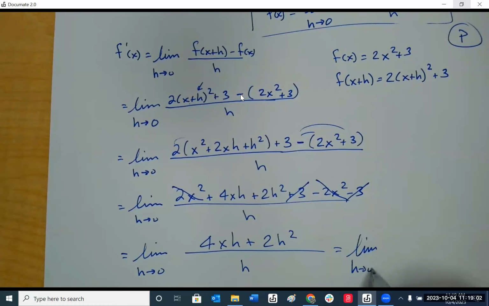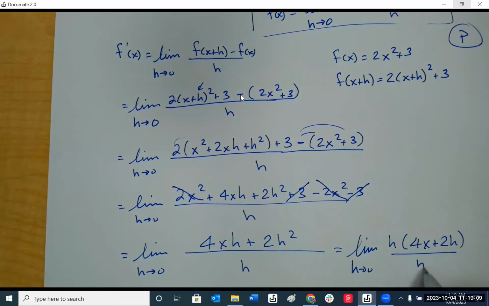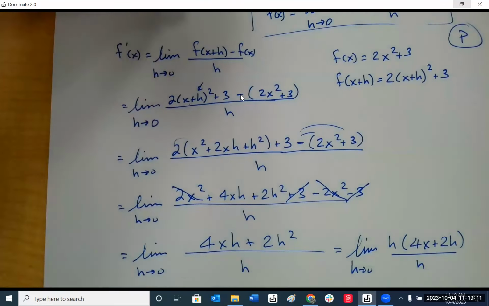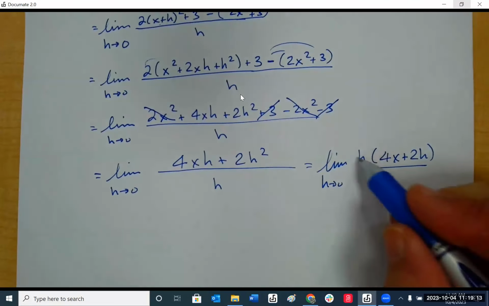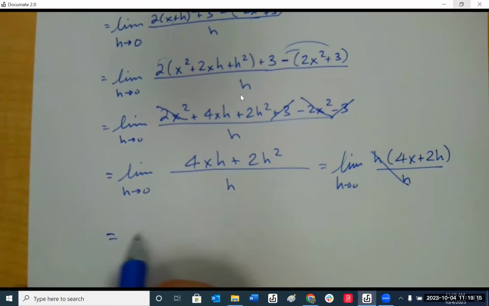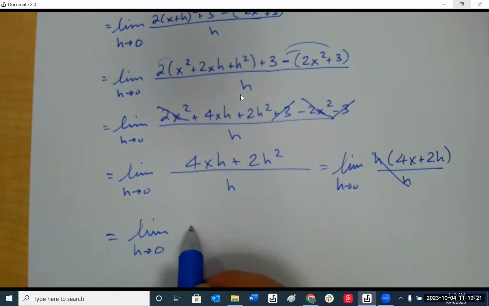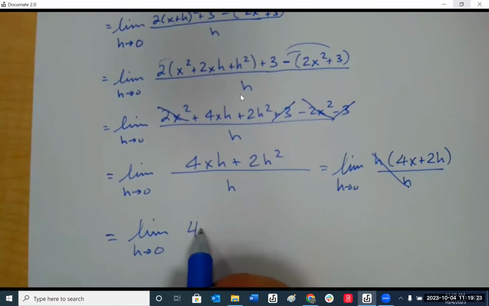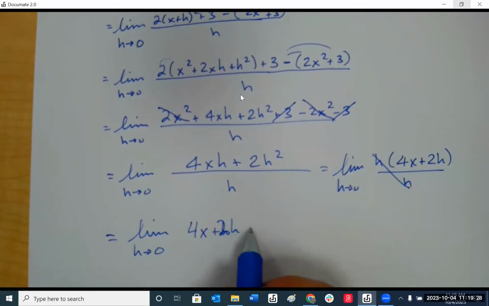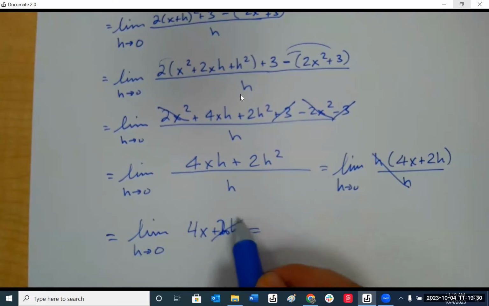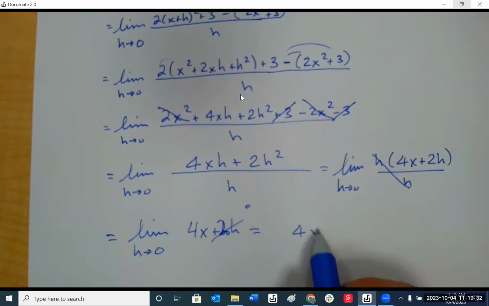Factor out the h. Once h goes to 0, then we just have 4x.